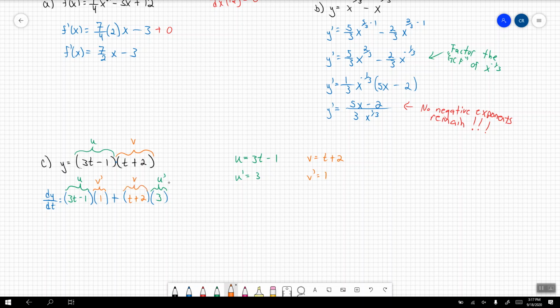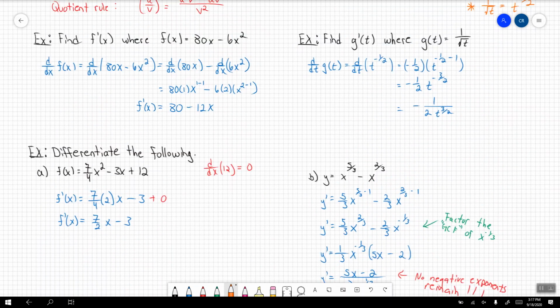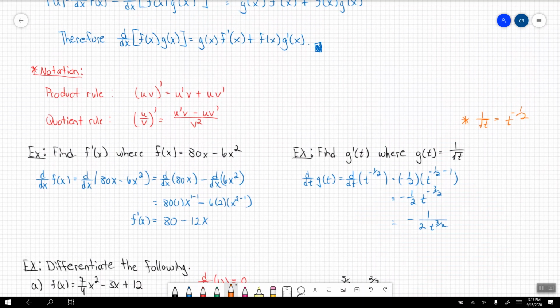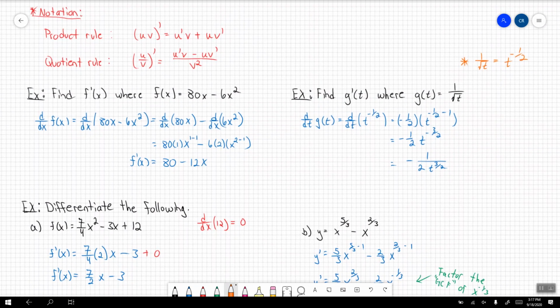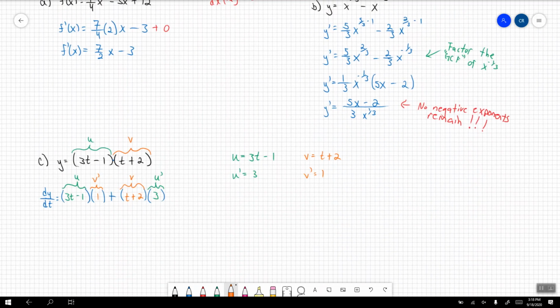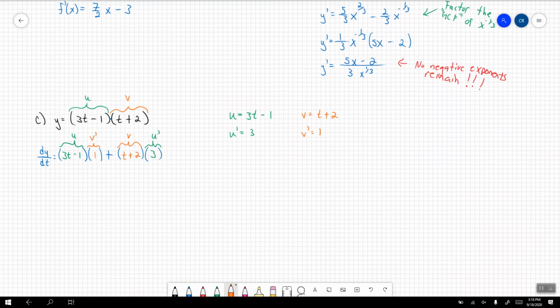And remember, this was the product rule that we were looking at. The product rule for derivatives, and I'm scrolling up just a little bit more, is at the very top of your screen with that notation. It says that if we want the derivative of u times v, then we're going to have u prime times v plus u times v prime. And that's kind of what I'm looking at here.